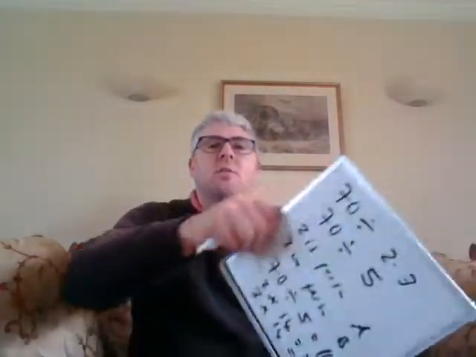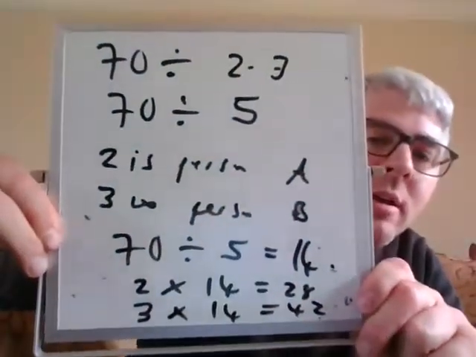So it does add up to 70. So 2 is person A and 3 is person B. Just wanted you to see that.